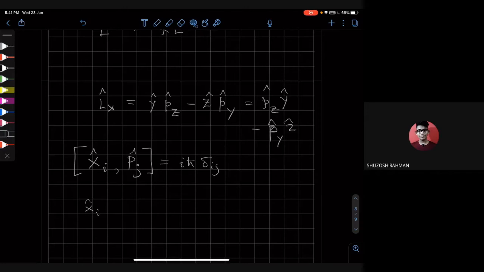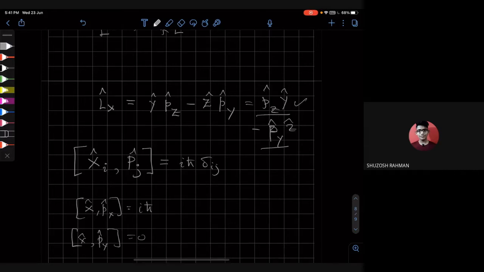X and px will not commute, but x and py will commute. So because this is y and z, pz, they will commute. So I could have written it, but conventionally I'm writing it like that.